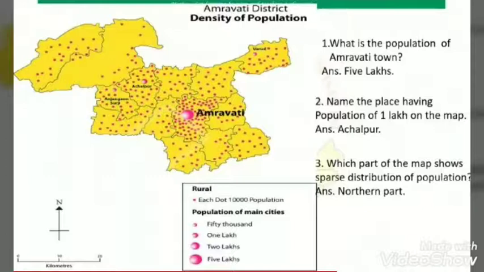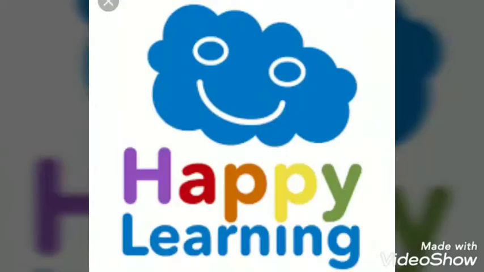And in this map, we can see the population distribution is less or sparse in the northern part of Amravati district. The method which we have learned now is called the dot method. So we have completed the dot method.